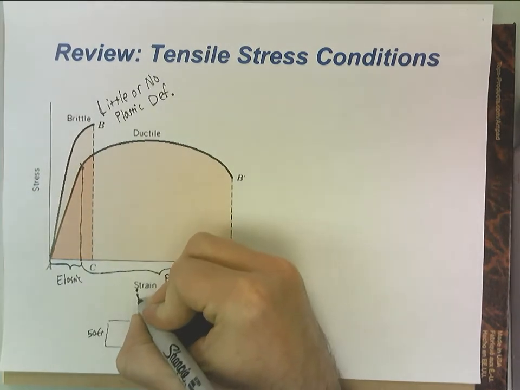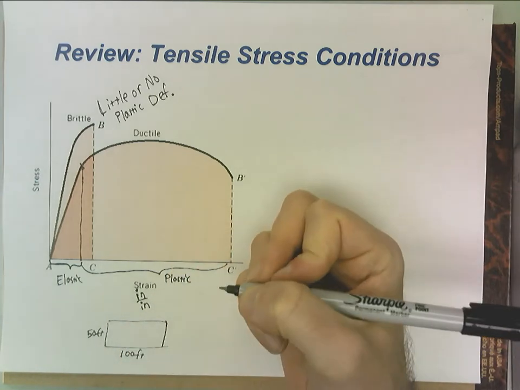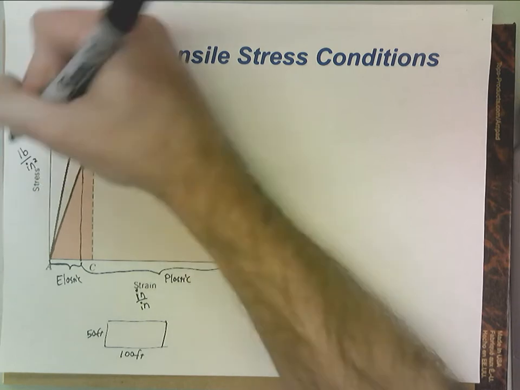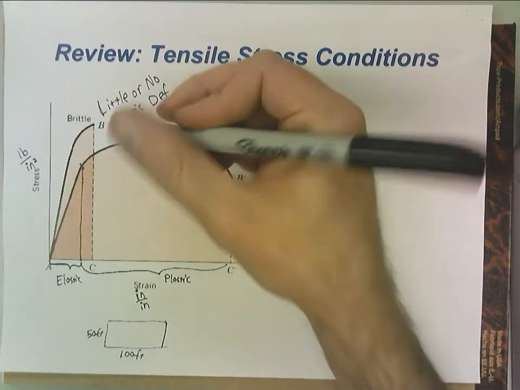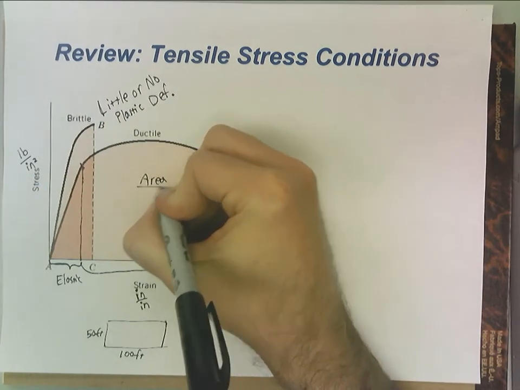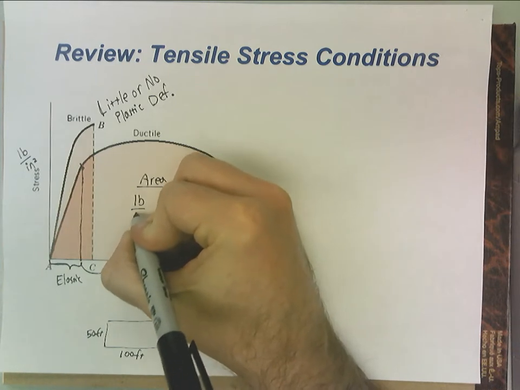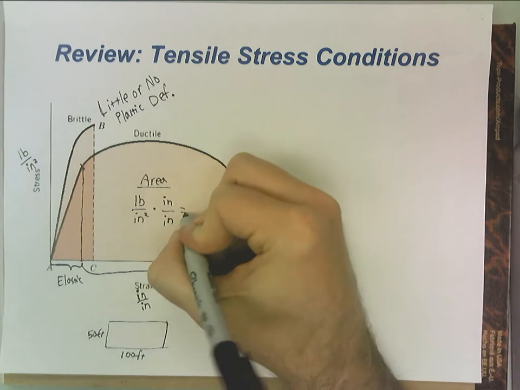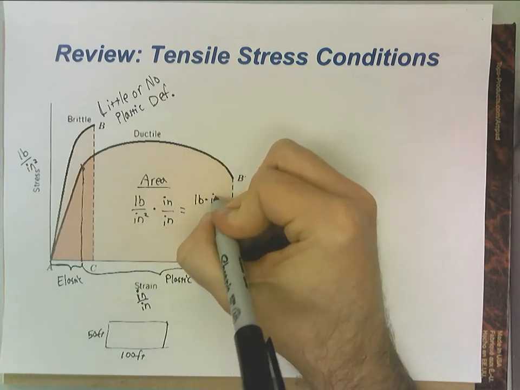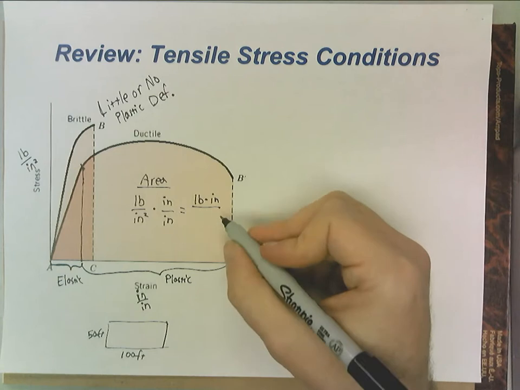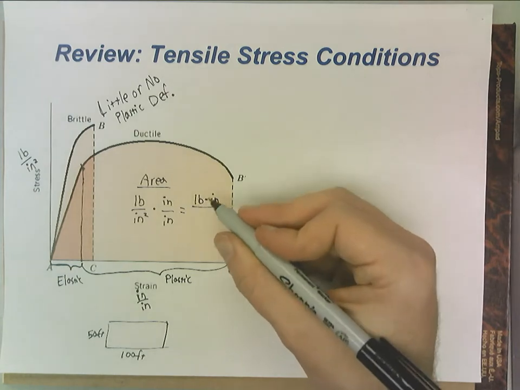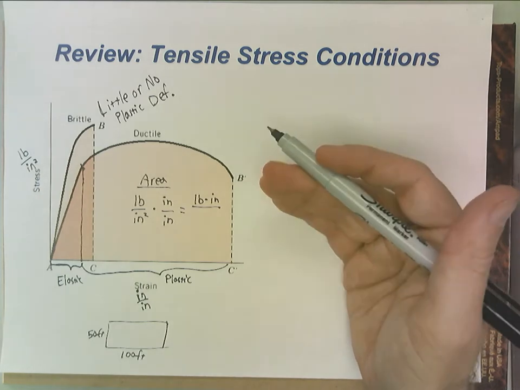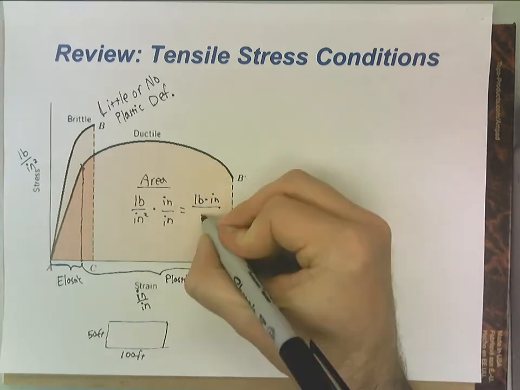Strain is in inches per inch. Stress is in pounds per square inch. So what units does the area have? What's pounds per square inch times an inch over an inch? A pound inch is a measure of energy, because a pound foot is often what we measure energy in for moments, dynamics problems, that type of stuff.